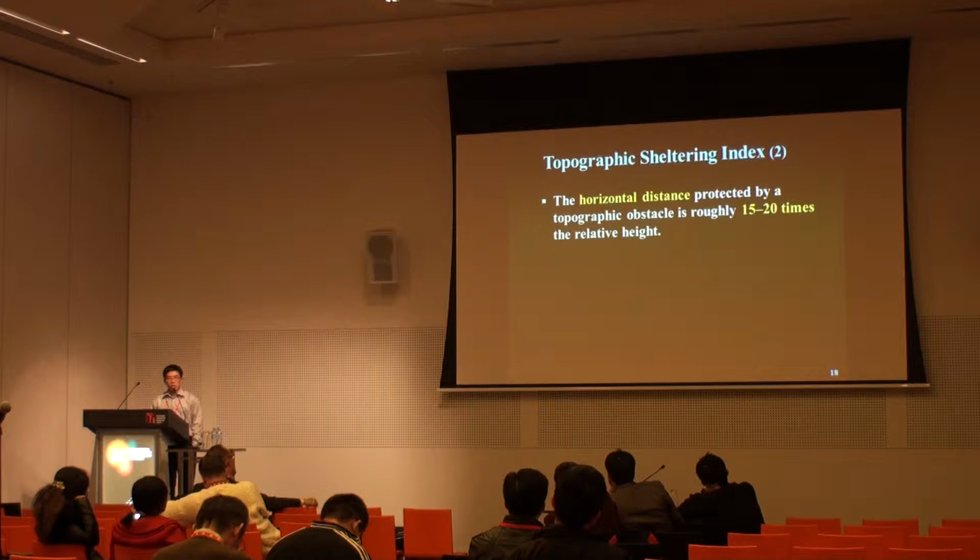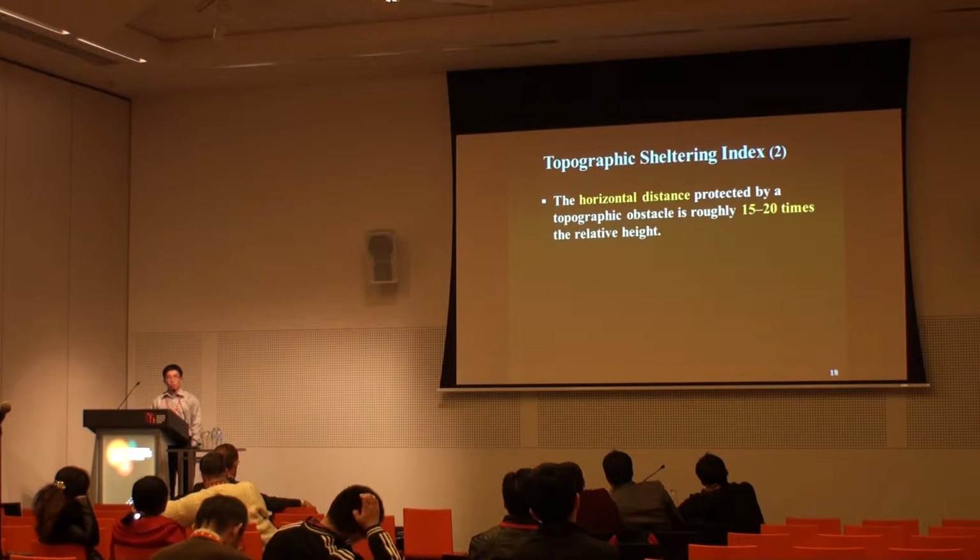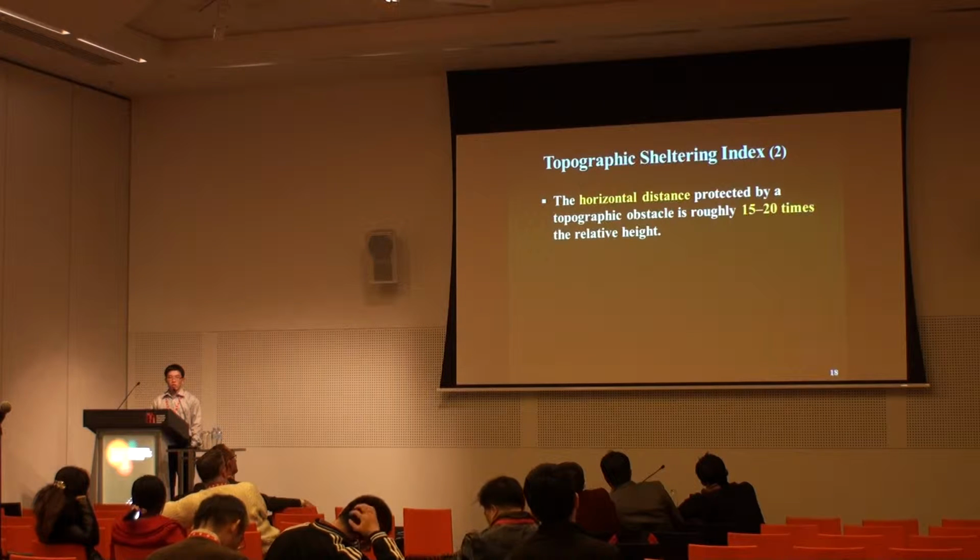It also considers that the horizon distance protected by the topographic obstacle is roughly 15 to 20 times the relative height. It means that if the horizon distance is more than 15 to 20 times the relative height, it won't have any topographic sheltering effects.